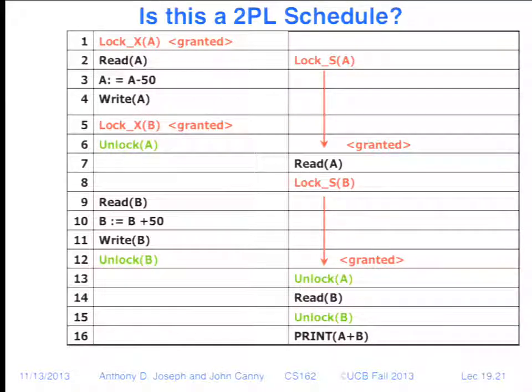So finally, we read the post-T1 value of A here, but we also read the post-transaction 1 value of B as well. So this is a 2PL strategy, and it's also serializable. And what's the corresponding serial order?